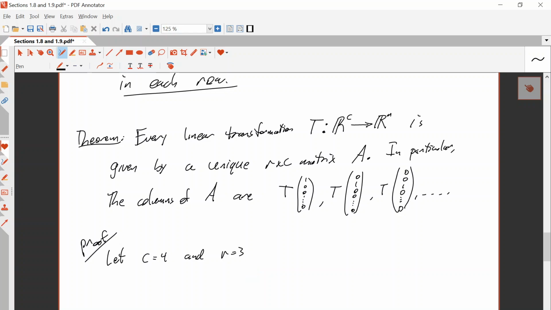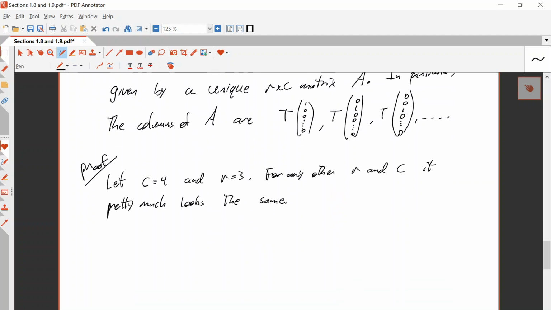For any other R and C, it looks the same. So the domain is R4, the range is R3.